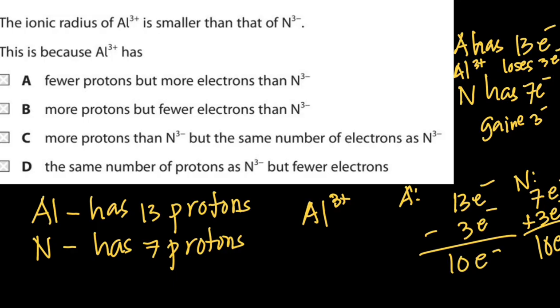Therefore, the ionic radius of aluminum ion is much smaller than that of the nitride ion, because the aluminum ion has a greater nuclear charge, attracting the same number of electrons more strongly, while nitride has weaker attraction and higher repulsion. So the answer here should be letter C. Aluminum ion has more protons, 13 protons, but the same number of electrons as the nitride ion.